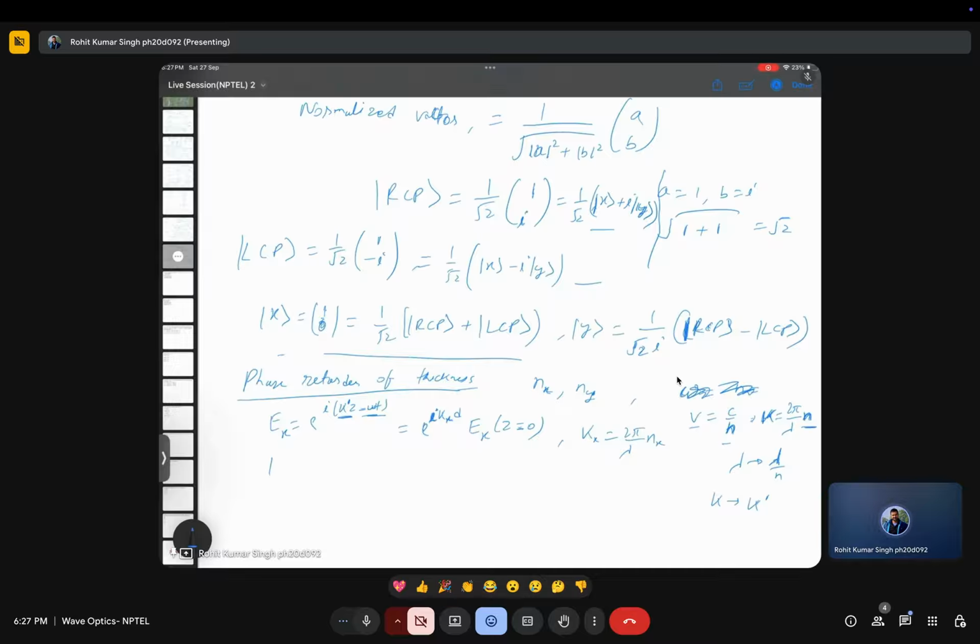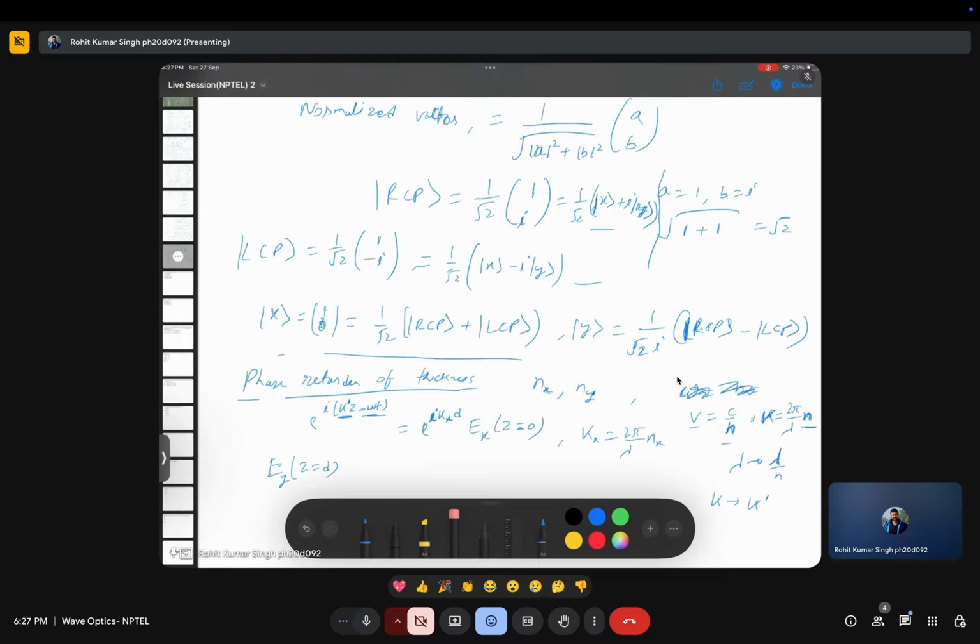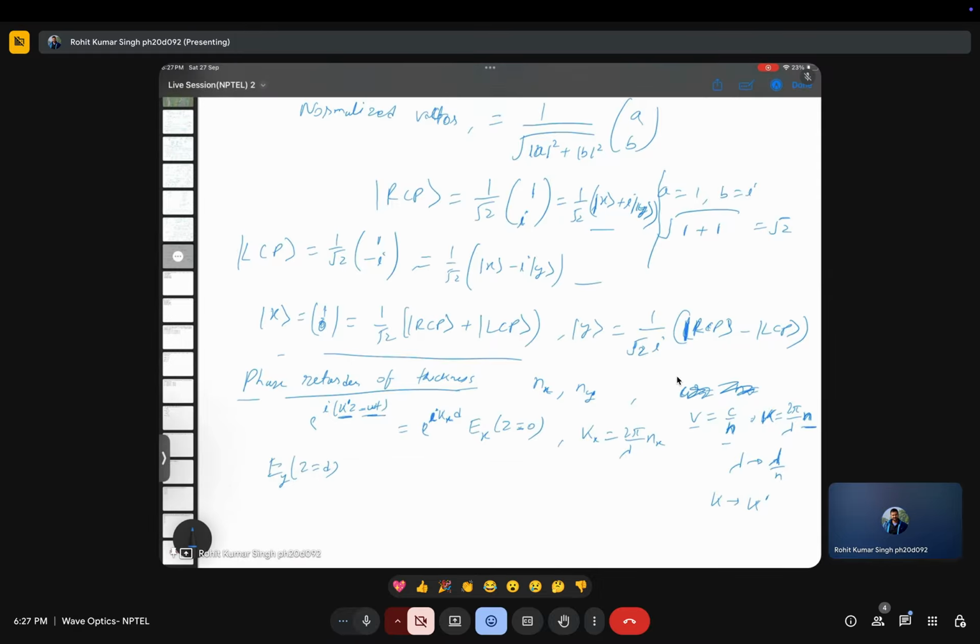And similarly, this x component is at z equal to d, ex at z equal to d. Then your y component at z equal to d will have this value, where ky is basically 2 pi by lambda ny.